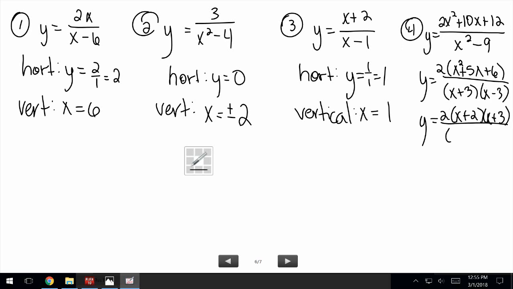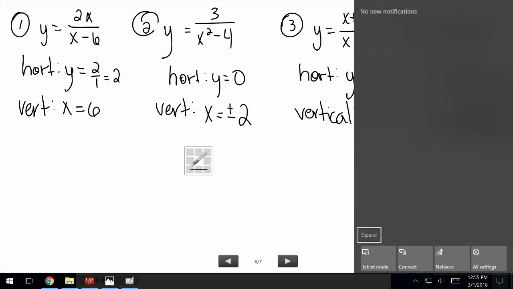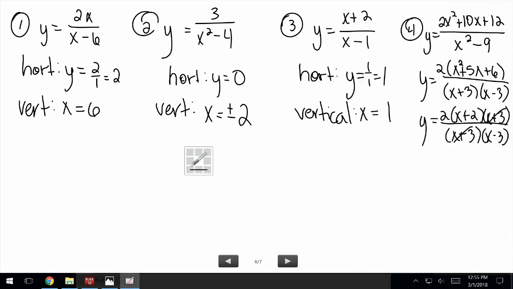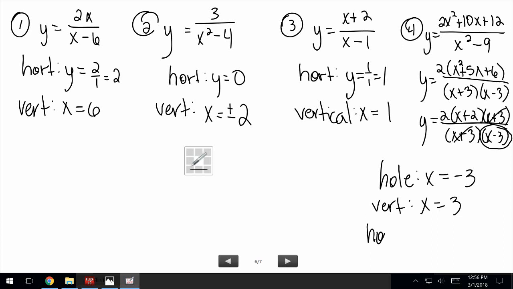And then what cancels? X plus 3. So you get a hole where it cancels at x equals -3. You have a vertical asymptote of just x equals 3 because that was what was left on the denominator. And your horizontal is y equals, all the way back at the beginning, 2 over 1, which is 2.